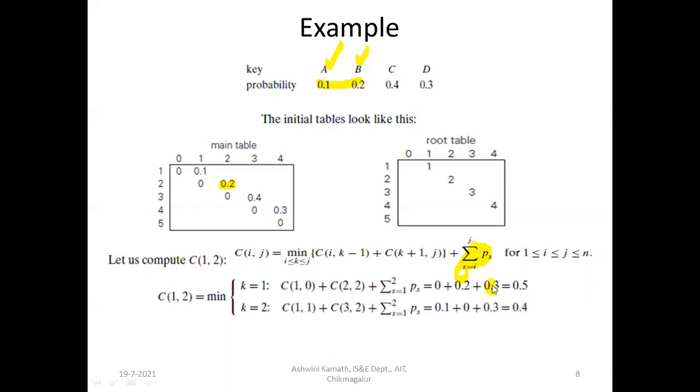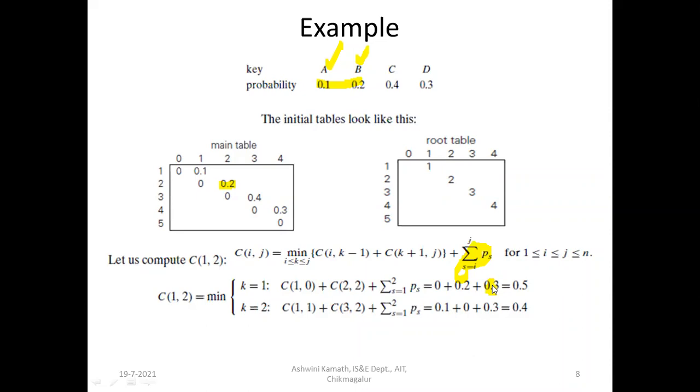Then apply for k is equal to 2. The k value varies from i to j, and here we have only two values, 1 and 2. Apply the value again: C of 1, 1. The k value is changing here, so k minus 1 becomes 2 minus 1, which is 1, plus C of k plus 1, which is 2 plus 1, 3.